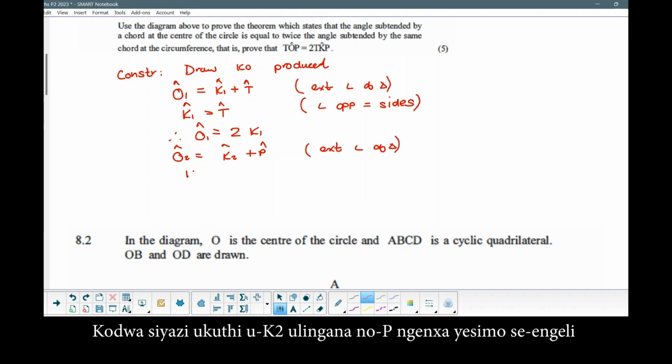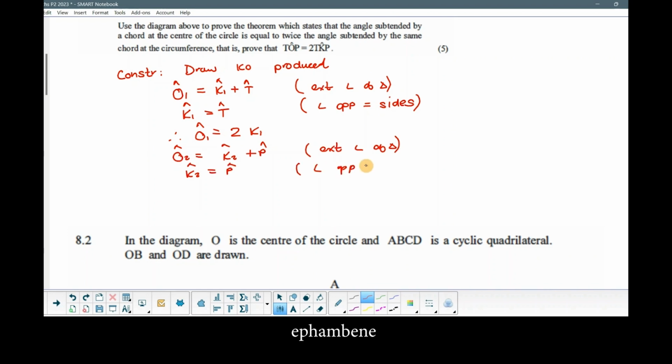But we know that K2 is equal to P. Again, angle opposite equal sides. Therefore, O2 is equal to twice K2.